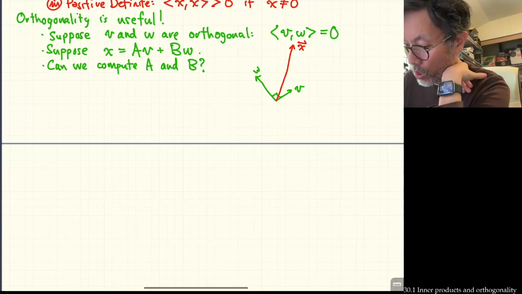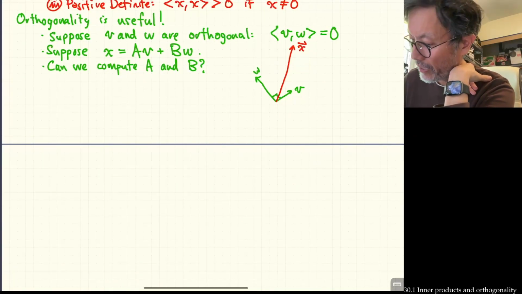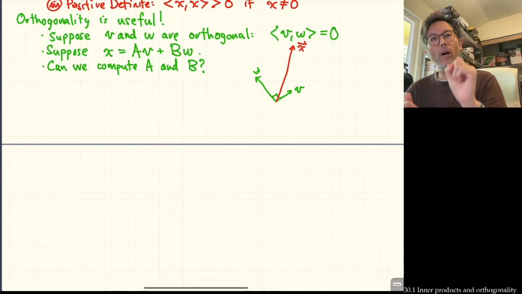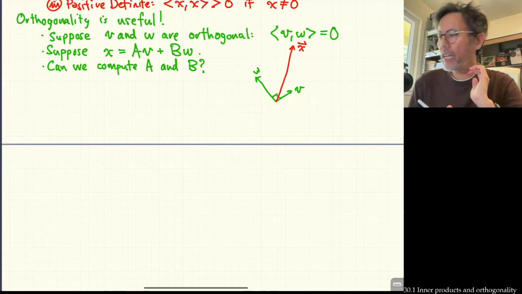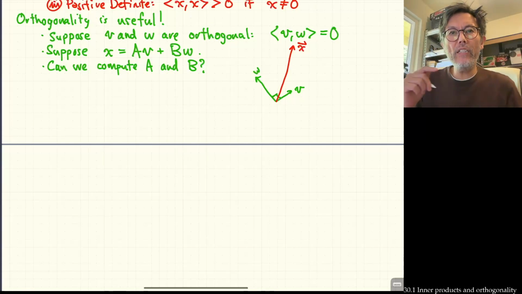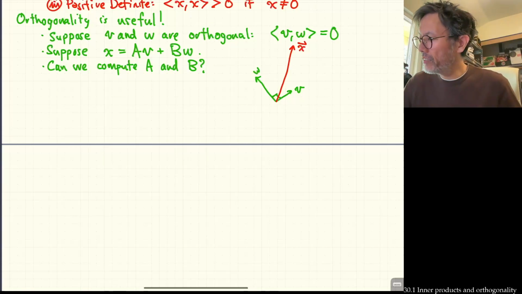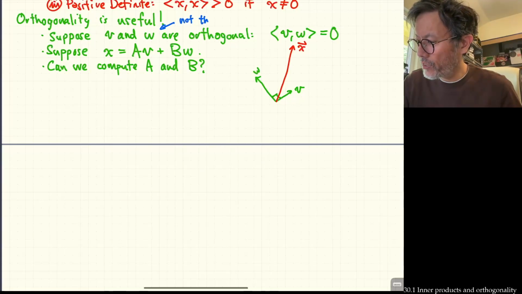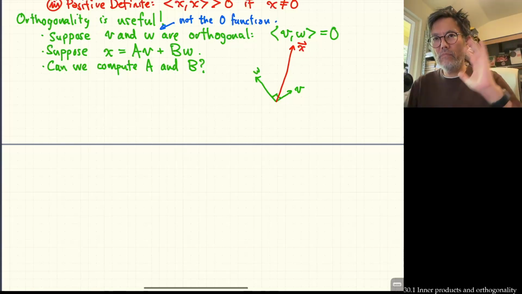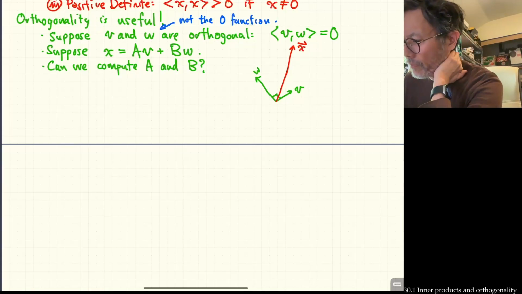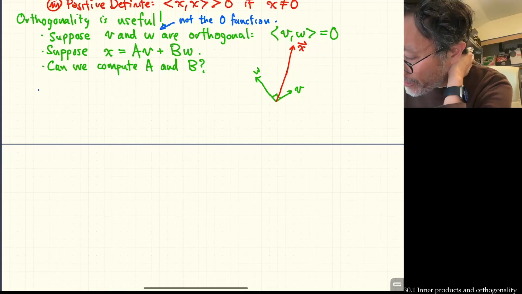All right. Well, we can do the following calculation. Let's compute the inner product of x with v. Oh, and I should say here, let's say that v and w are orthogonal, and let's say they're non-zero. So these are not the zero function, not the stupid function that's constantly equal to zero. How can we compute a and b? Well, here's one way.